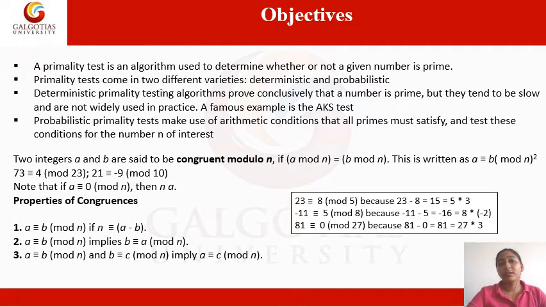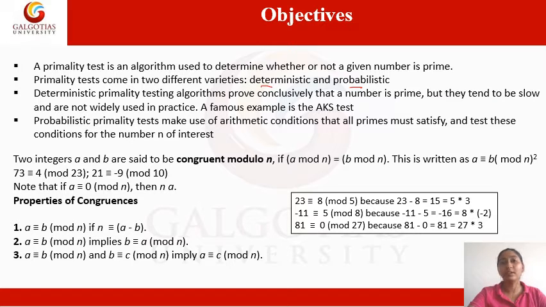So for primality testing, there are two methodologies that are being used. One is the deterministic one, another is the probabilistic one. In case of a deterministic primality testing algorithm, a number is taken and all the test parameters are passed to the number.